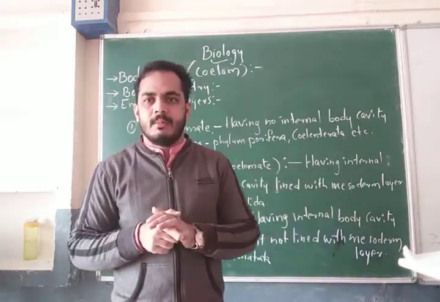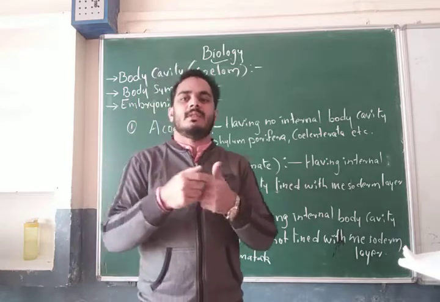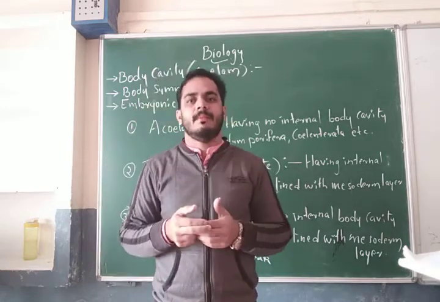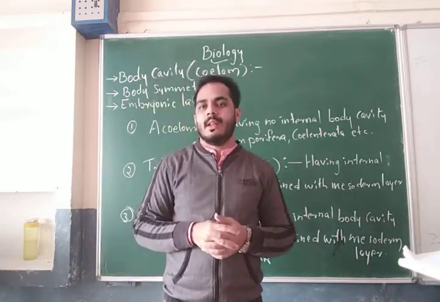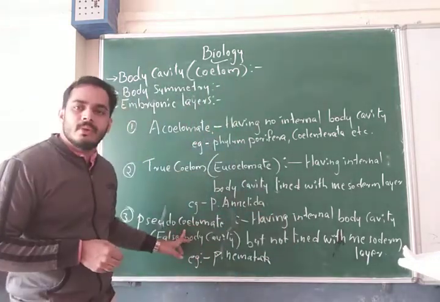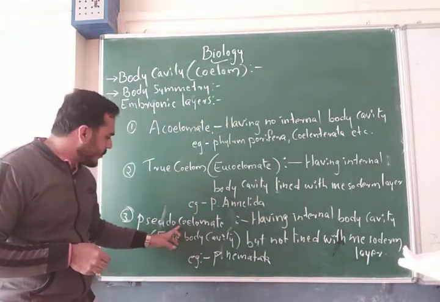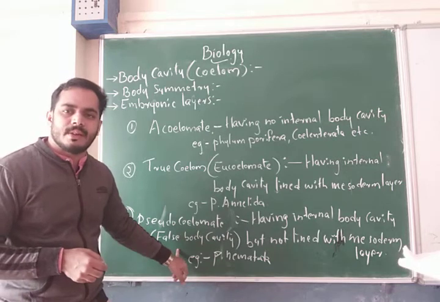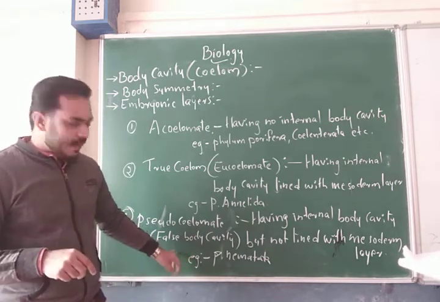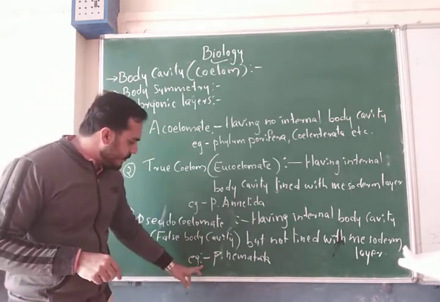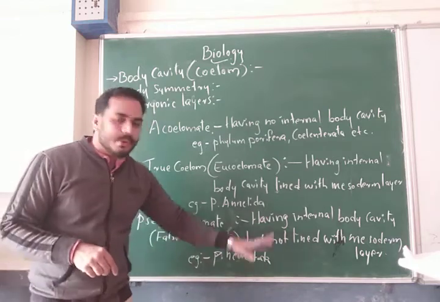There is an internal body cavity, but it is not connected with the mesoderm layer. That is called pseudocoelomate. What's the other name? False body cavity. The example of this one is phylum Nematoda.